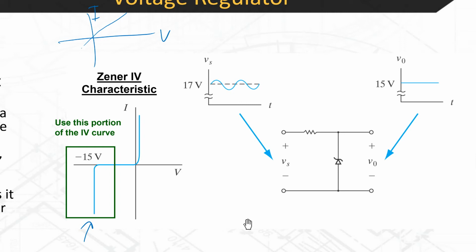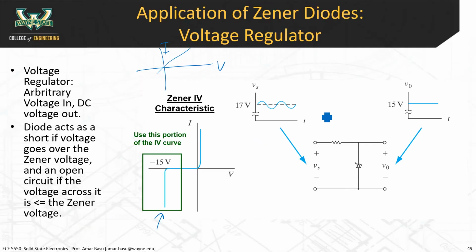So I'll just write that down. When Vs is greater than 15 volts, then all the current is going to go through here. And this thing acts as a short circuit, so your output voltage will start to drop.